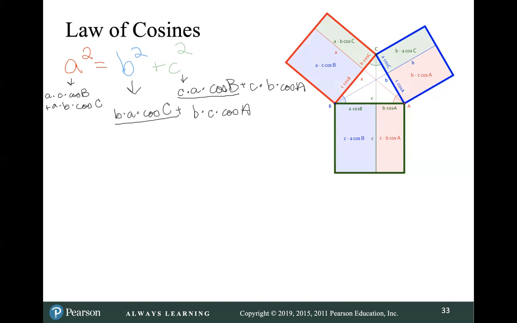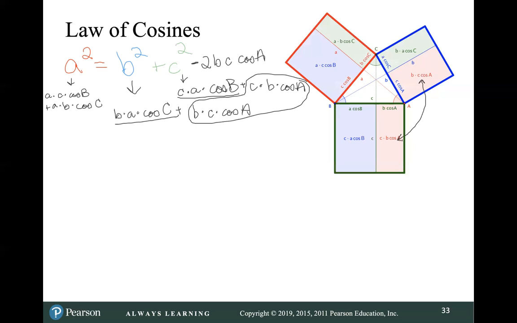And so I have here a times c times cosine of b and a times b times cosine of c. These are extra, so I have to subtract 2bc cosine of a. And now I have an equality. So I actually had to subtract out these two red rectangles here.